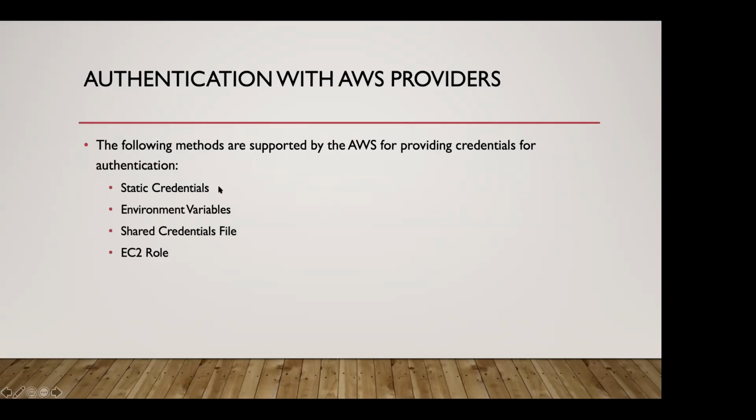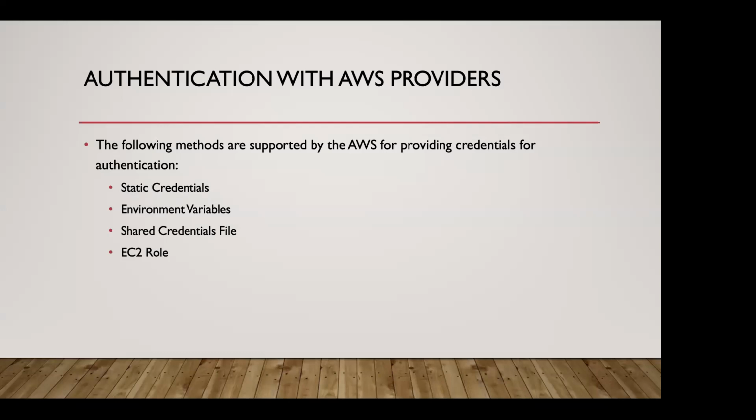If you look at the authentication that usually happens with Terraform, there are 4 different variations of how it is done. One is static credentials, which you can add into your Terraform file itself. Another one is environment variables. Then you have your shared credentials file, and you can also have your EC2 role.